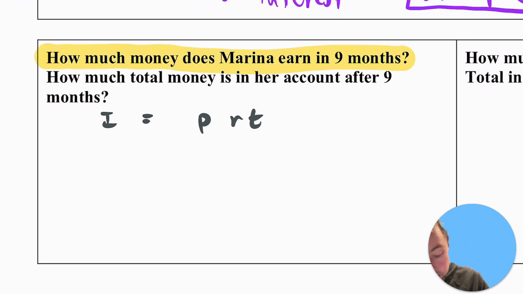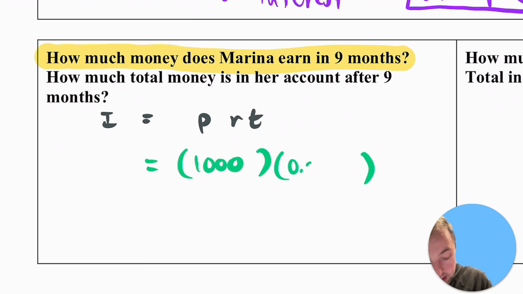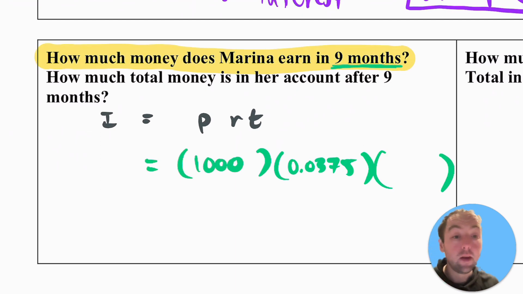To compute that amount of interest, we can take her principal, which we know is $1,000, and her rate, which is 0.375, expressed as a decimal, and then the time. Here's the thing: this is 9 months, so you cannot put 9 there because time is always in years. You'd have to convert it to years.